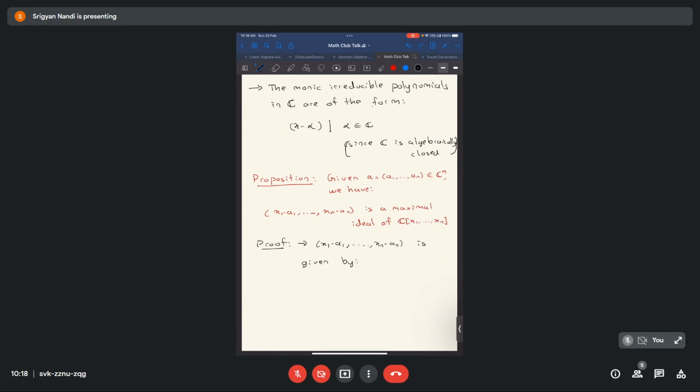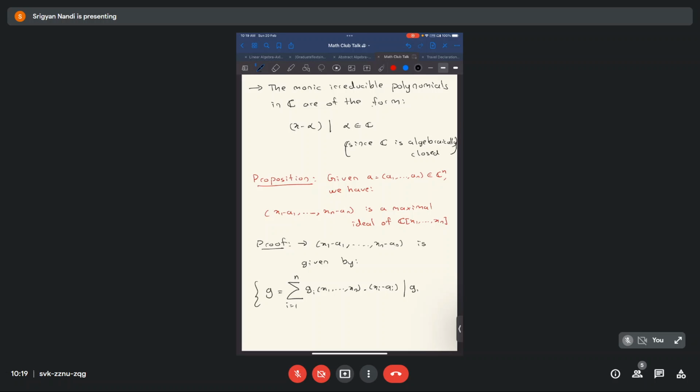Since we defined what it means for an ideal to be generated by a certain set, this ideal basically contains the set of all polynomials g, given by the sum for i equal to 1 to n of gi(x1, ..., xn), where each gi is an element of C[x1, ..., xn], multiplied by an element of the generator set, xi minus ai.